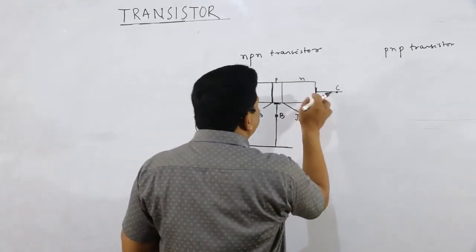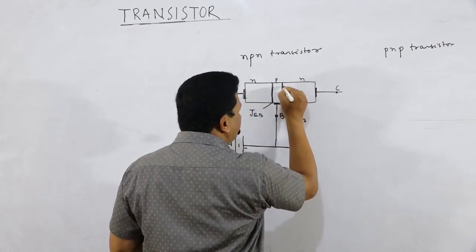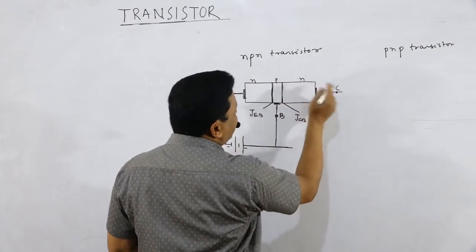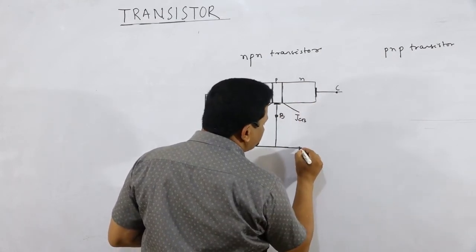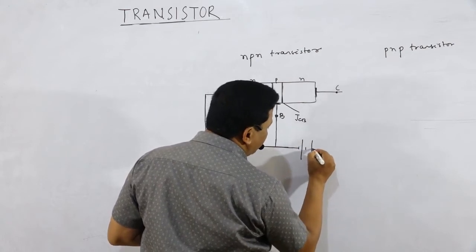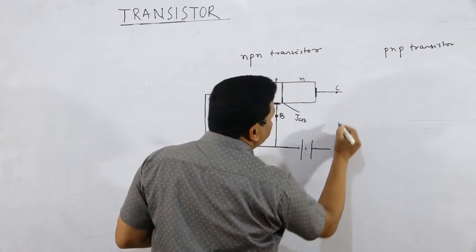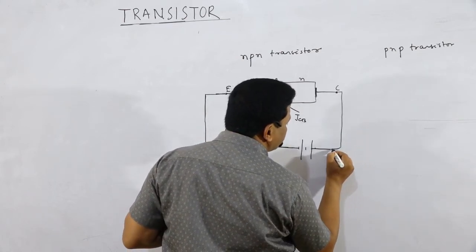The output PN junction should be reverse biased. So by connecting the N material with the positive terminal of a battery, we can make the output PN junction reverse biased.